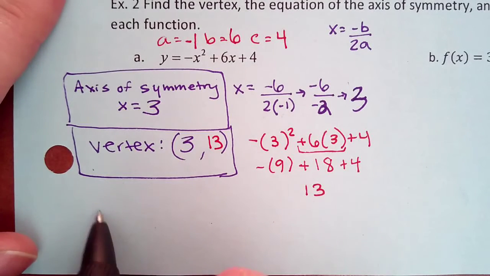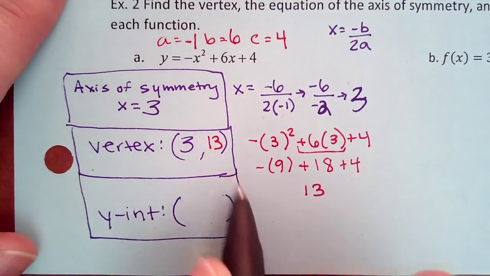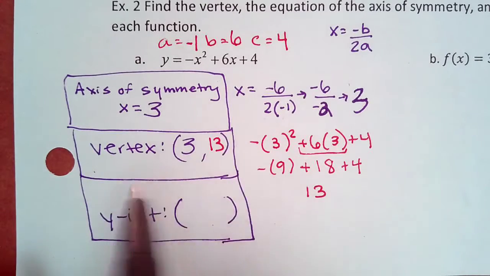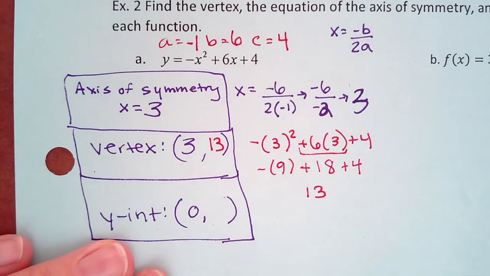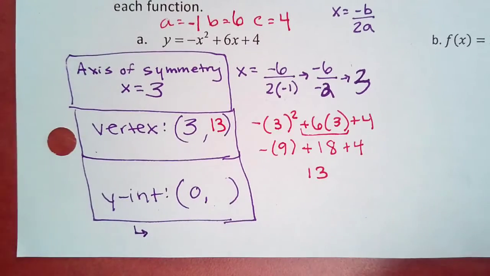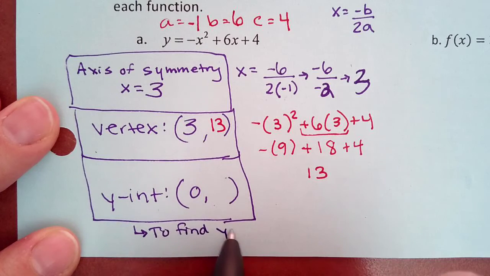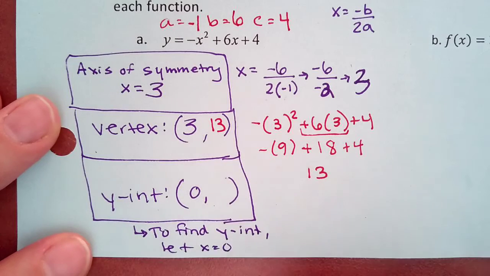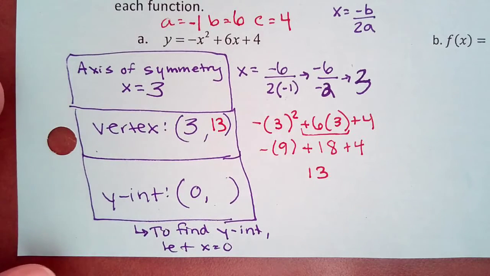Last piece here is your y-intercept. This is where it hits the y-axis. Anywhere it hits the y-axis, your x, left and right, would be 0. So 0, something. Write yourself this little note: to find the y-intercept, let x be 0. We did this all the way back in Unit 2.